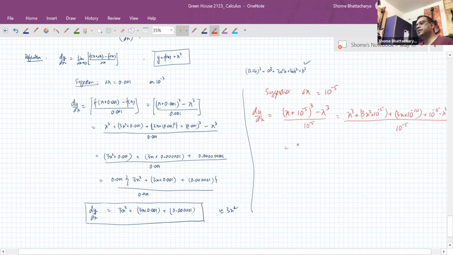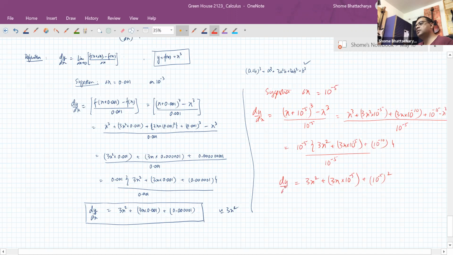So if I take 10 raised to minus 5 common in the numerator, I would have got 3x square plus 3x into 10 raised to minus 5 plus 10 raised to minus 10, divided by this. So I would have got 3x square plus 3x into 10 raised to minus 5 plus 10 raised to minus 5 whole square.